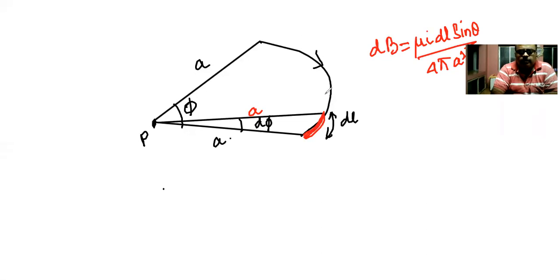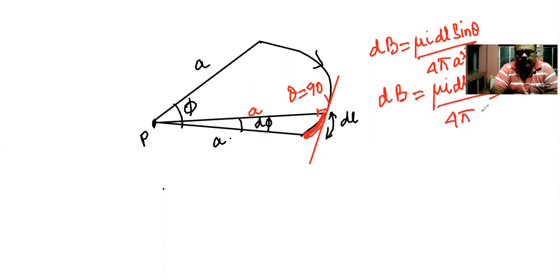The current passing through this is tangential, and the radius vector is radial, and the radius and tangent are mutually perpendicular. So dB will be equal to mu I dl sine 90 divided by 4 pi a square, right?